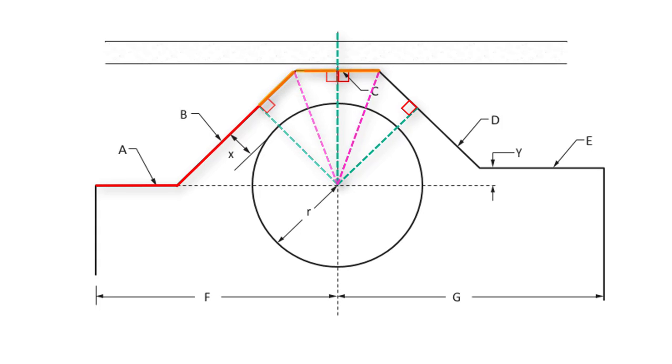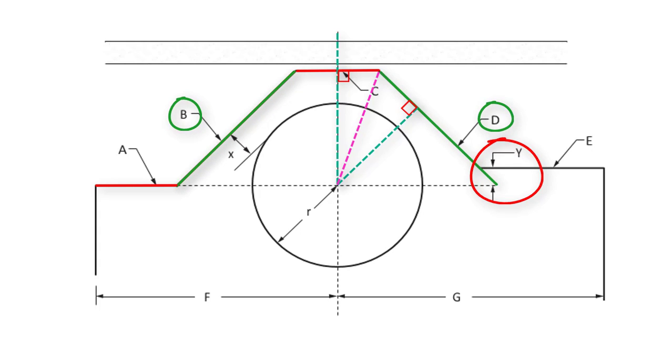Now let's look at pipe D. Notice it doesn't line up with the center line of our obstruction. If it did, then length D would be the same as our previously calculated length B, which remember we got by using the radius plus the clearance to create the short side of the secondary triangle plus the opposite length of this 22.5 degree triangle. But notice where it takes us to.